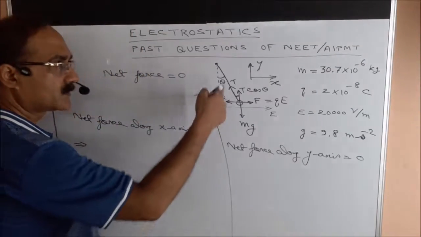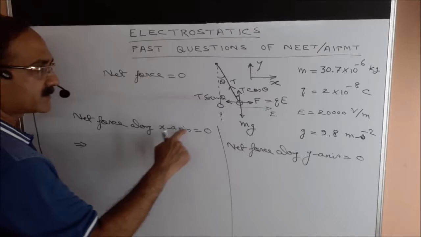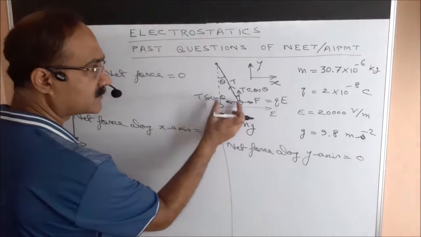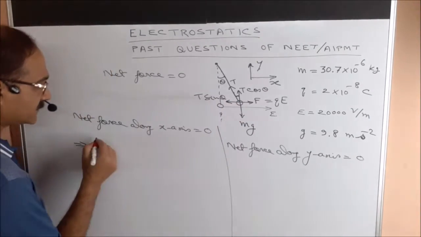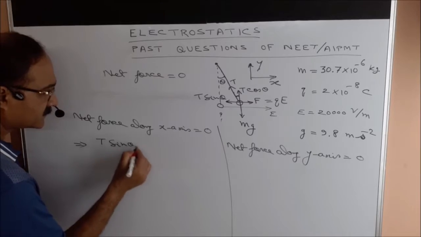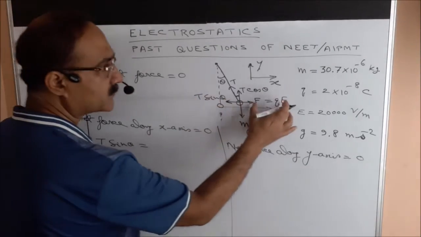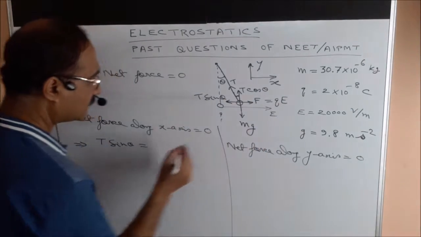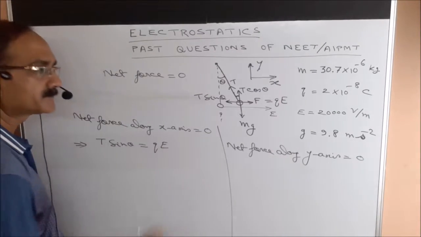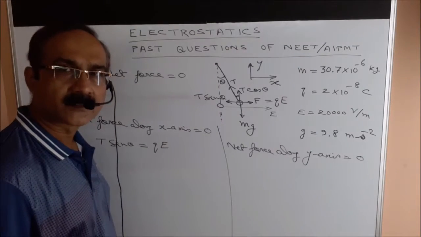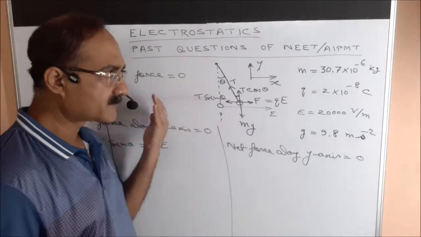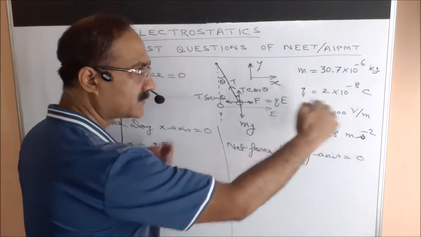Now, net force along x-axis is 0, that means T sin theta will be equal to this force, the force is equal to Q into E. Okay, force towards left is equal to force towards right.